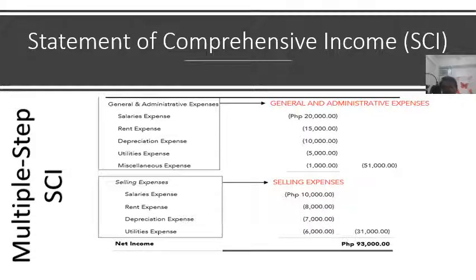So, ang selling expense is any expense that was incurred to promote, to encourage sales, and to bring the product to the customer. So in other words, lahat ng gastos na na-incur mo para makabenta ay selling expense.